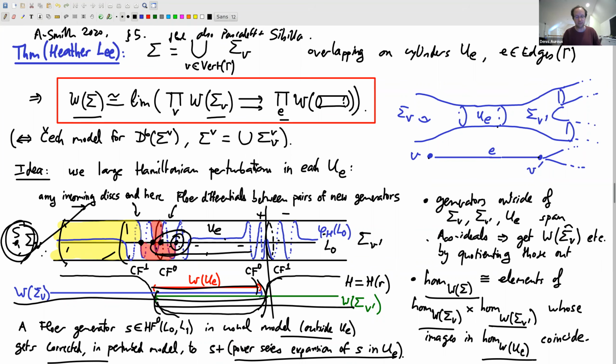But everybody else, if you only use arbitrary Floer generators, and you try to calculate their mu k, some Floer product between them or differential, then the degree with which things enter this neck will be bounded a priori by quantities that only depend on the input generators. Okay. Sorry, and the path that you choose to travel in the graph.